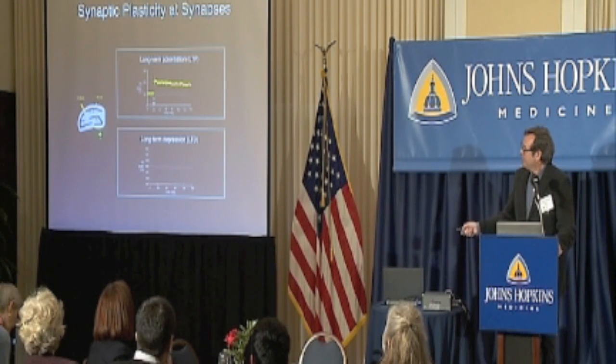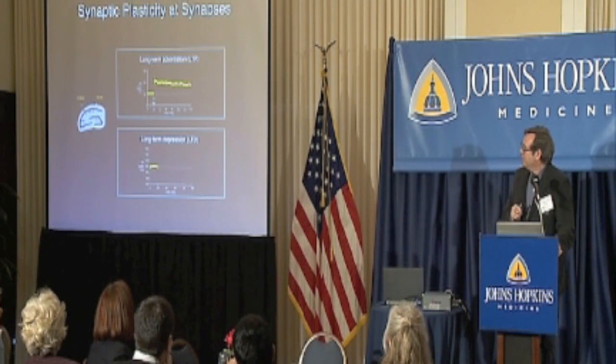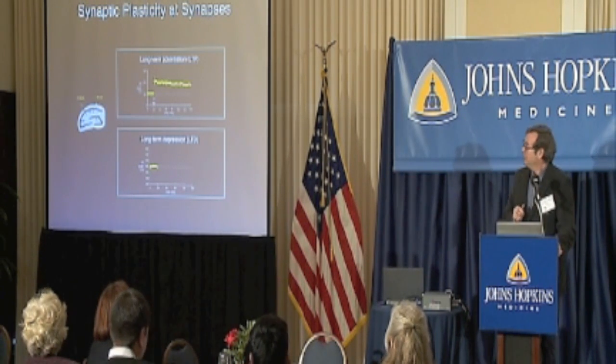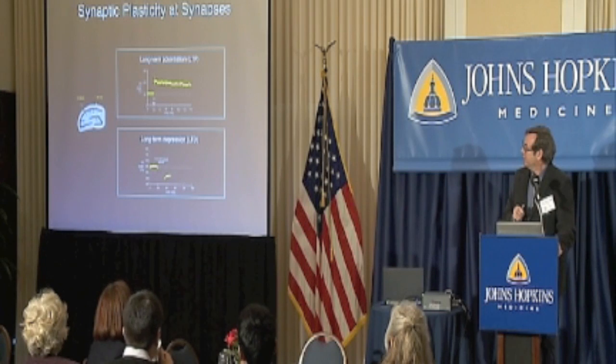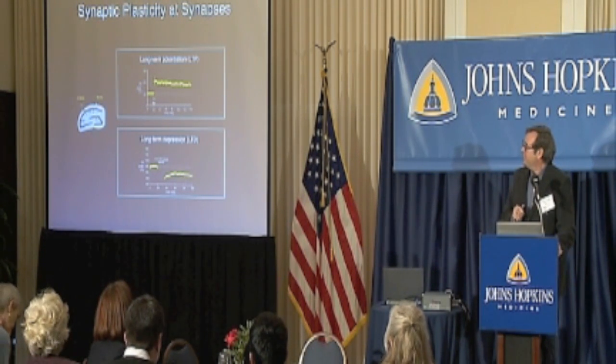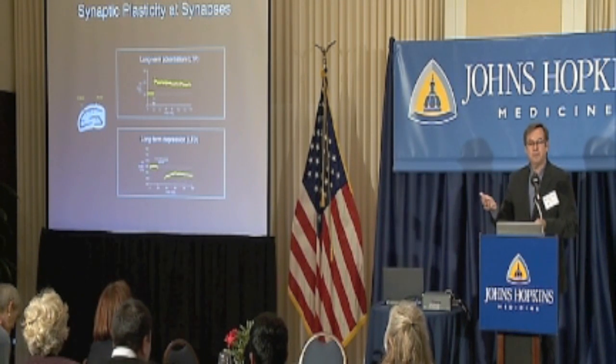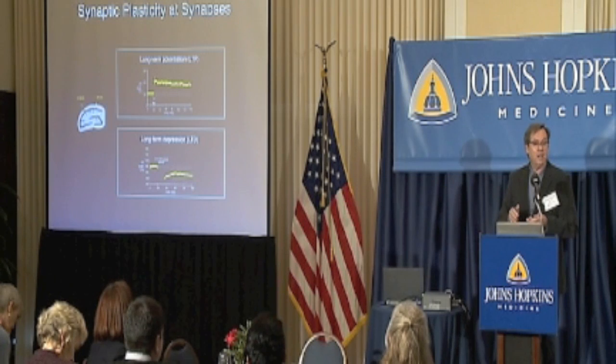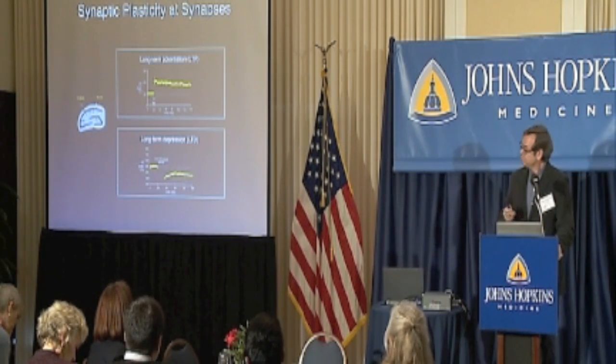And in the same area, if you give a different type of stimulus, you can get something called long-term depression, a form where you decrease the synaptic strength. Here you give a very low frequency stimulation, and you can get long-lasting synaptic depression. So these types of plasticity, this positive potentiation and negative depression, are thought to be what's underlying the sculpting of these circuits involved in memory.